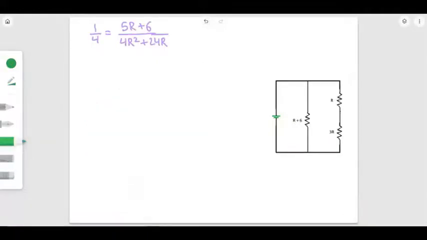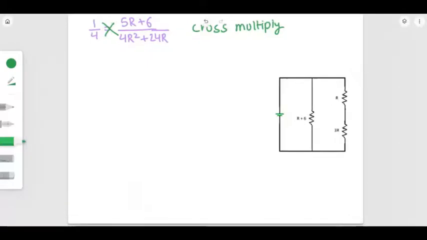So here we stopped at this equation, and we're going to cross multiply. We cross multiply to simplify our expression, to get rid of the fraction and to make it easier to solve. So when we cross multiply, it's going to be 4 times 5R plus 6 equals 4R squared plus 24R.